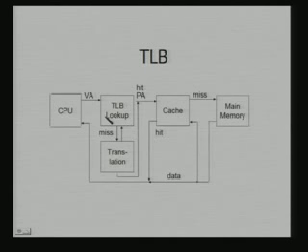So, if there is a miss, then I have to get that data either from the cache, or I have to get that information from the main memory. I may have part of the page table stored in the cache and the remaining part may be stored in this TLB, and then I do the translation. Once I look at the TLB, I know the information. TLB is nothing but a page table entry put into cache.